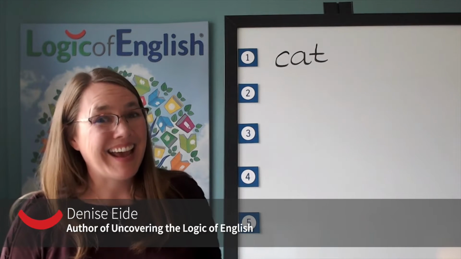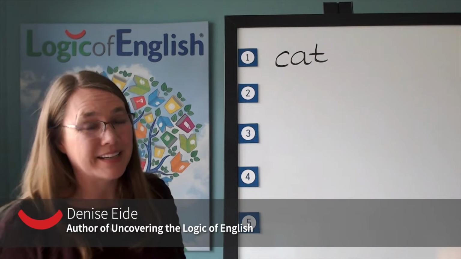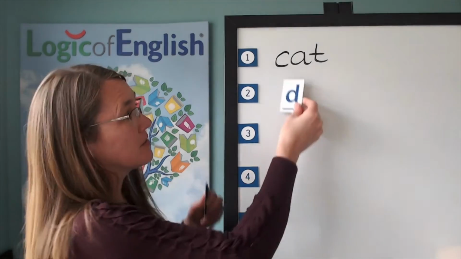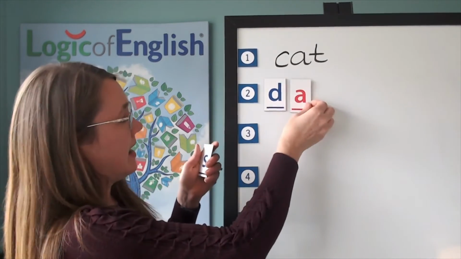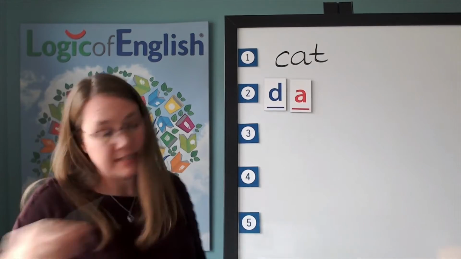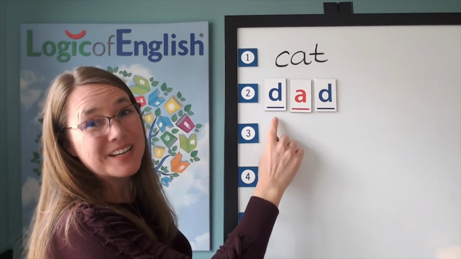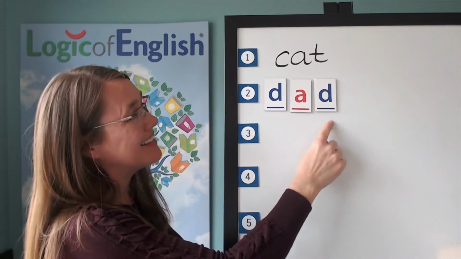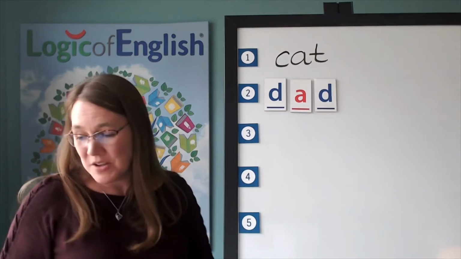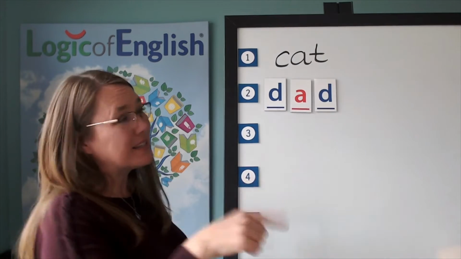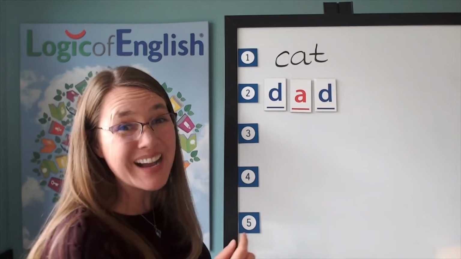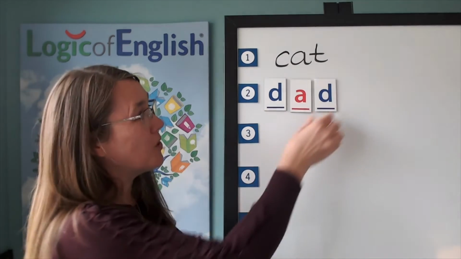D, a, d, as you're writing it. Now help me to sound it out. D, a, d. Let's read it. D, a, d. Dad. Very good. Notice once again our phonograms combined together to make a word.